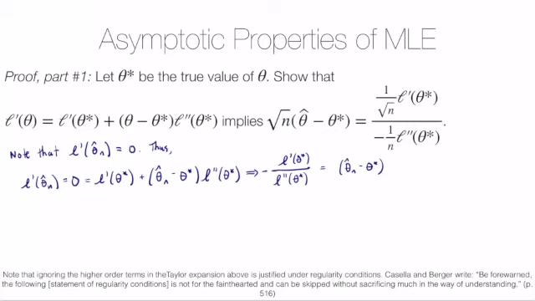This should be negative. And then really what we're missing is the square root of n here and these terms here. So if we multiply on both sides by the square root of n, the one thing to note is that 1 over the square root of n divided by 1 over n is equal to multiplying these two by the square root of n. So if I were to multiply just this whole term by the square root of n, I can break that up into this numerator, 1 over the square root of n, and 1 over n.